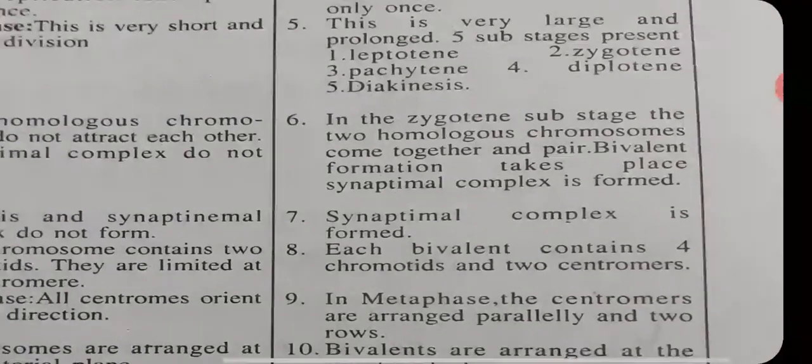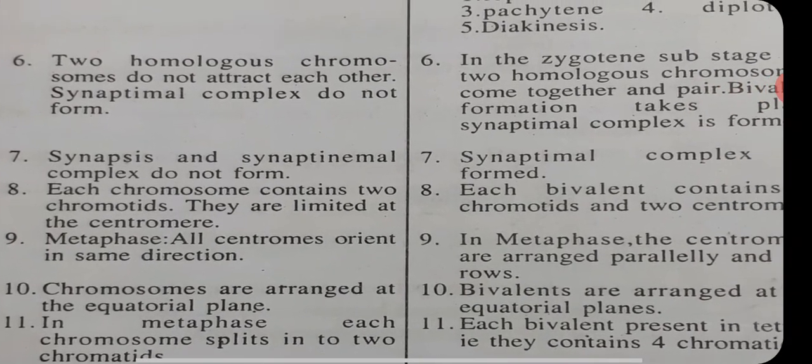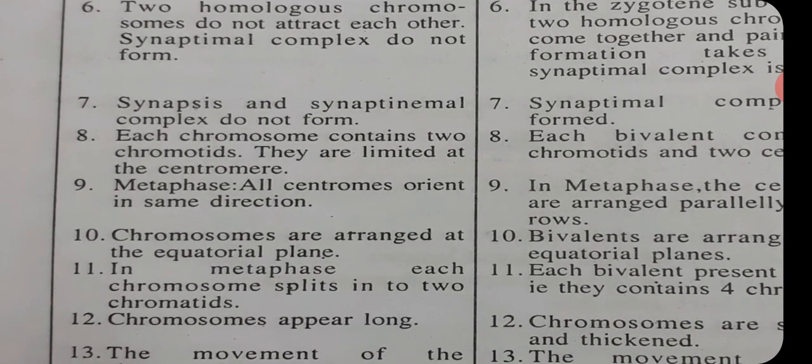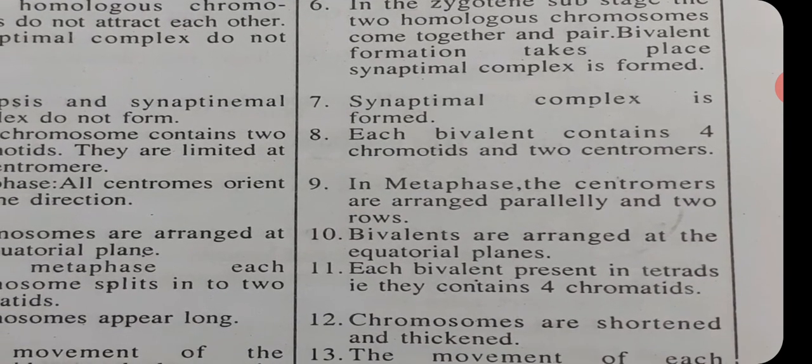In mitosis there is no synapsis and no synaptonemal complex, but in meiosis they are there. Each chromosome contains only two chromatids, but a bivalent contains four chromatids. Each chromosome has two chromatids, so a bivalent means two homologous chromosomes, four chromatids.